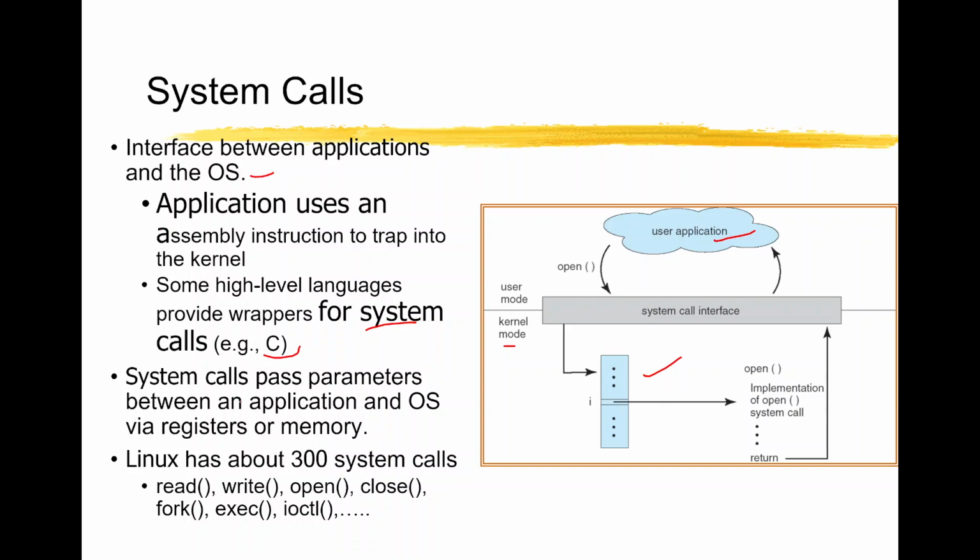System calls pass parameters between an application and the operating system via registers or memory. Linux has about 300 system calls. We have read, write, open, close, fork, exec, and IO control, and all that.